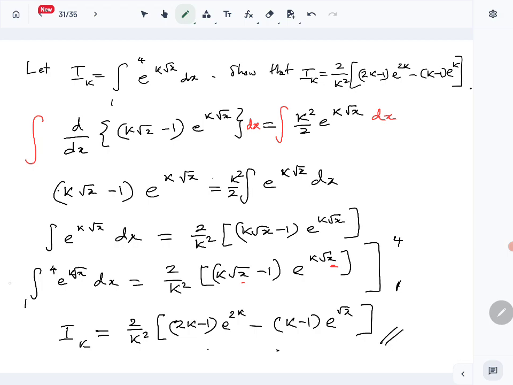So I_k is equal to that. The lower limit should be k minus 1, and square root 1 is 1, so e to the k.